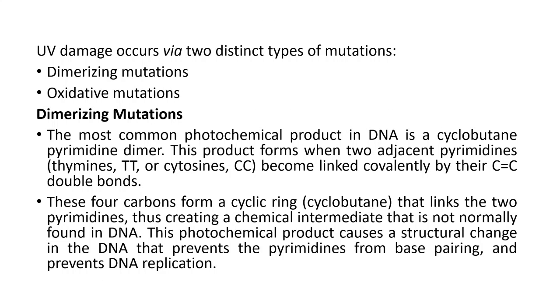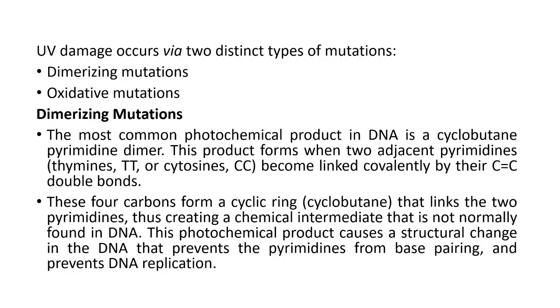The UV damage in DNA occurs via two distinct types of mutations, dimerizing mutations and oxidative mutations. Dimerizing mutations. The most common photochemical product in DNA is a cyclobutane pyrimidine dimer. This product forms when two adjacent pyrimidines become linked covalently by their C=C double bonds.